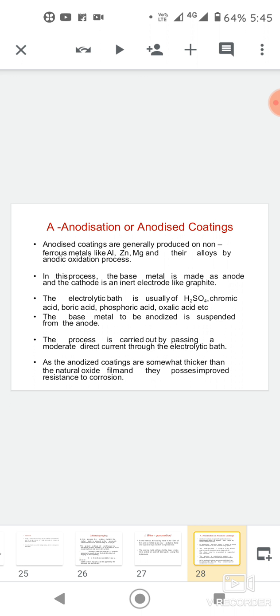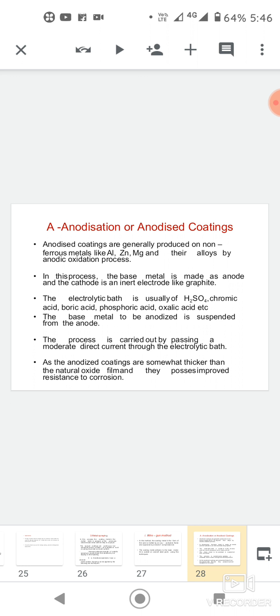The thickness of the oxide film increases with the current density and with lowering of the temperature of the solution. At an optimum temperature of 3 degrees centigrade, a very hard film of about 0.15 mm thickness is produced.